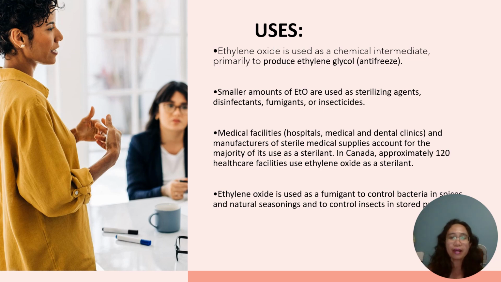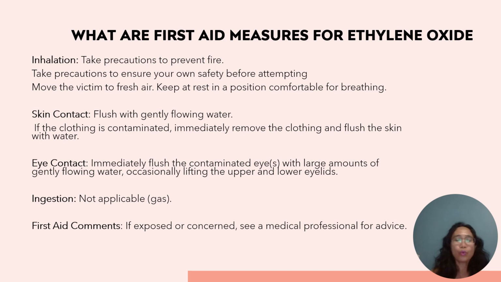In Canada, approximately 120 healthcare facilities use ethylene oxide as sterilant. It is also used as a fumigant to control bacteria in spices and natural seasoning and to control insects in stored product.